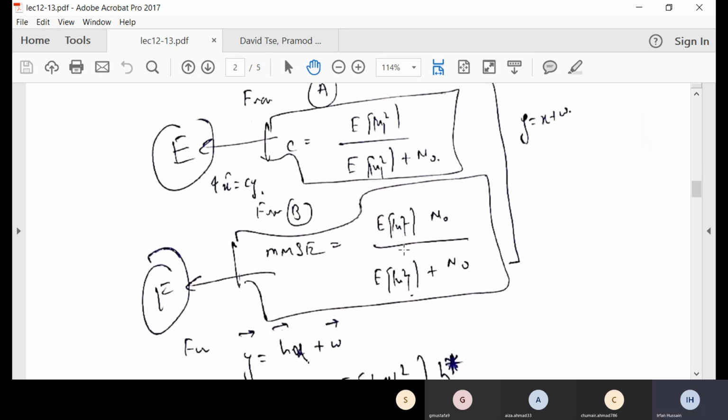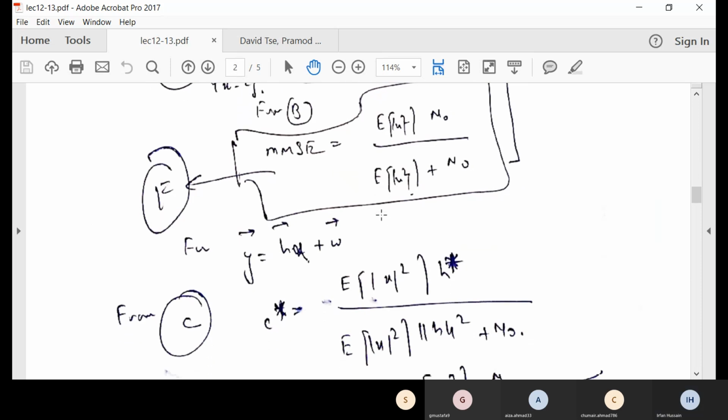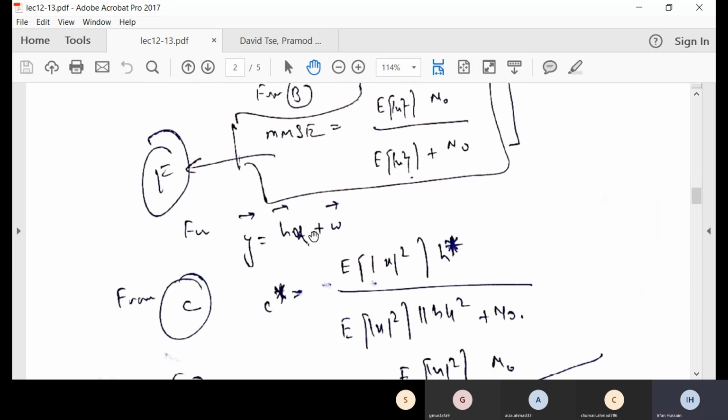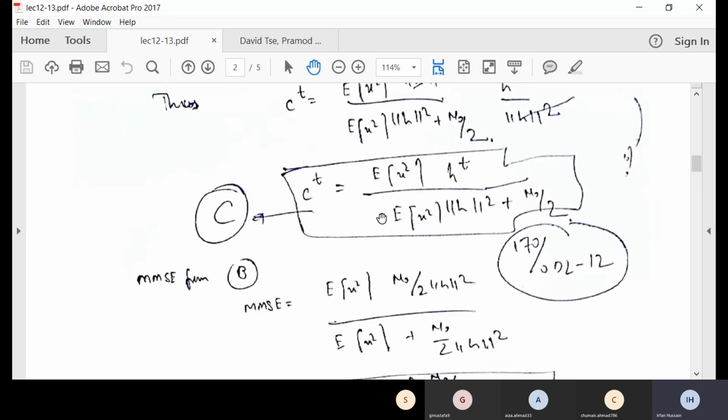The MMSE is also the same as the scalar version of the non-complex scalar estimation. So even if we have a vector, let us say we have a complex vector, it is the same equation, but everything will now become complex. This becomes conjugate, you can see the rest will remain the same.